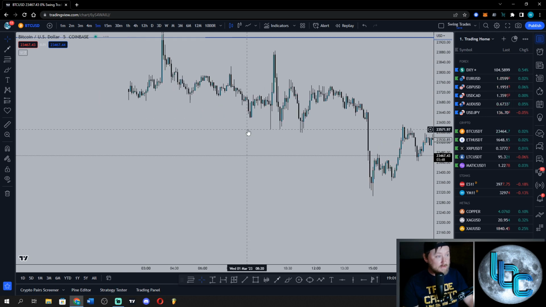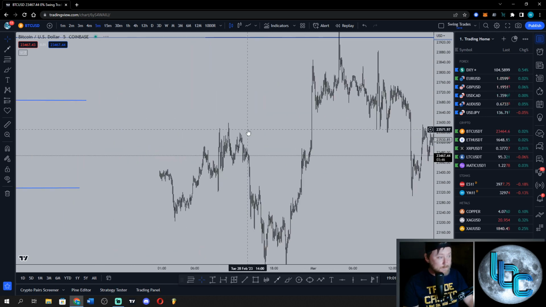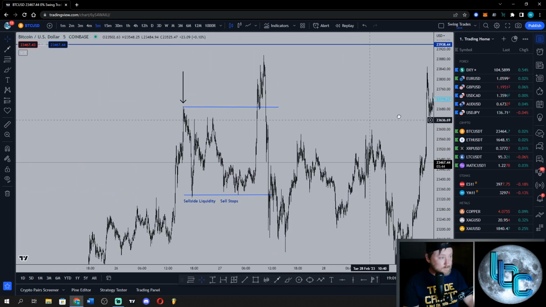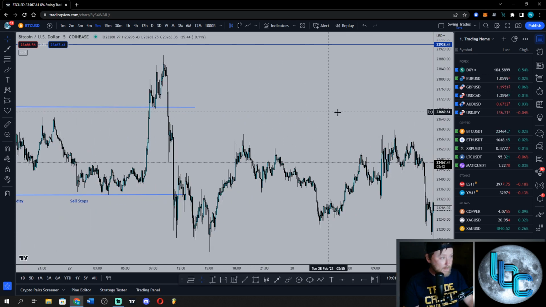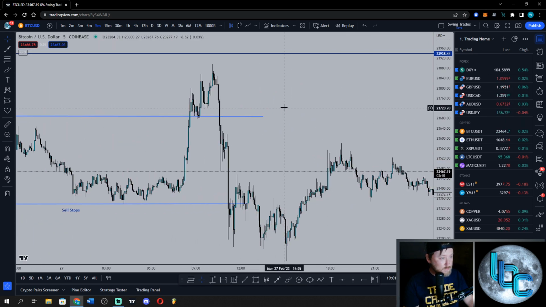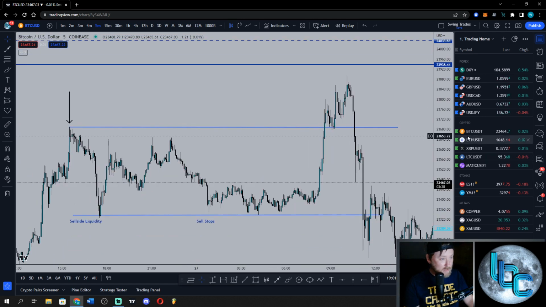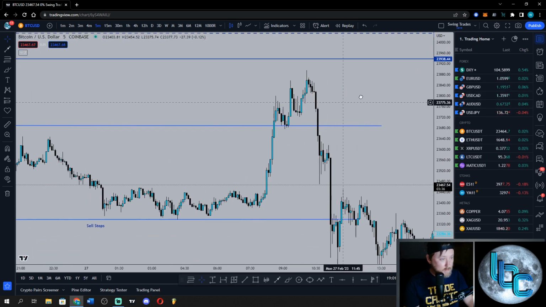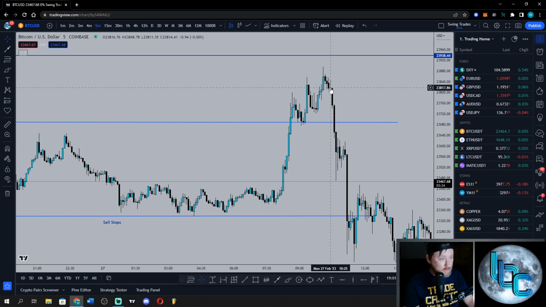If we go down to a lower time frame, you can see on the 5-minute this slow drop at the top here, and then that big candle.